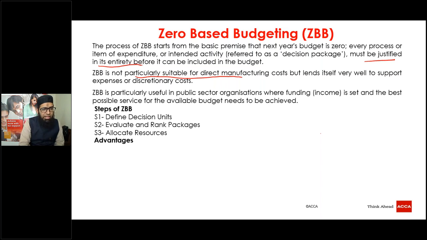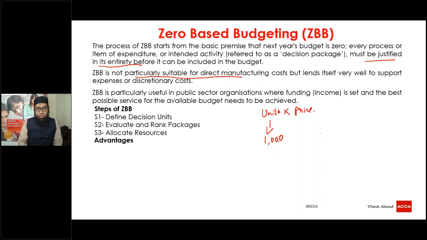Abish has asked me, is there any calculation of zero-based budget in the exam? Dear, these are the names of the approaches. So if you are preparing a zero-based budget or incremental budget, the formula to calculate the budgeted sales revenue will be the same, and that will be units multiplied by price. It is just a way of how you identified that in the budget you will be selling 1000 units.